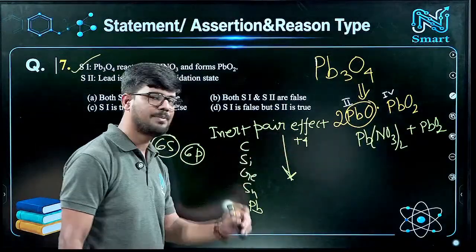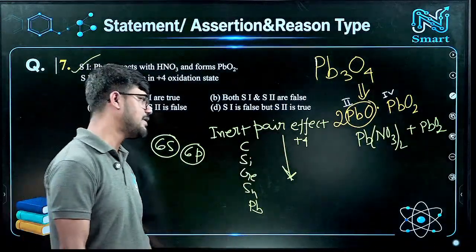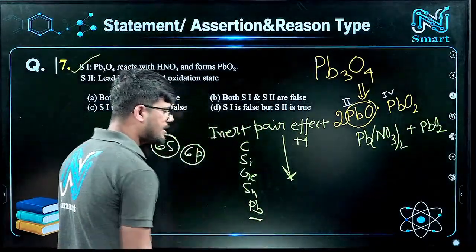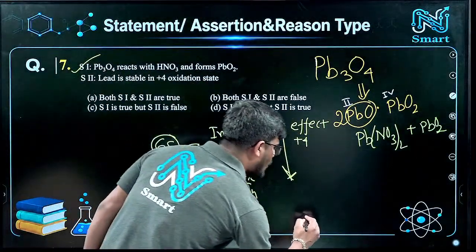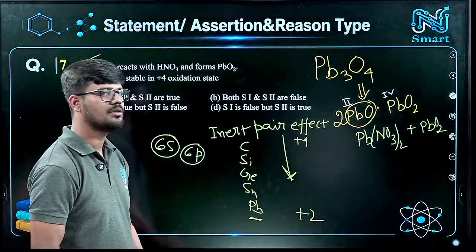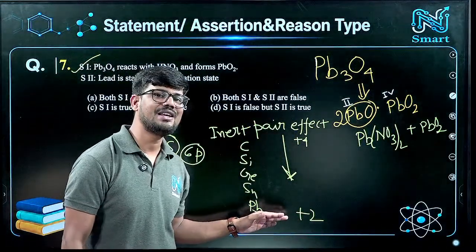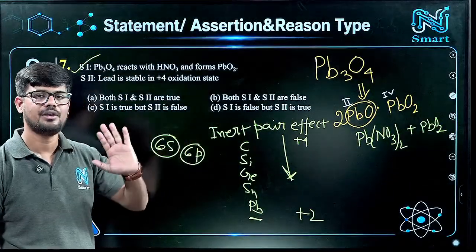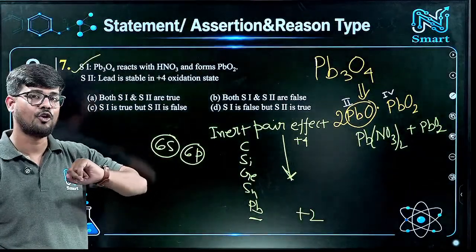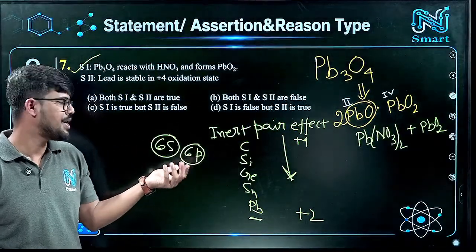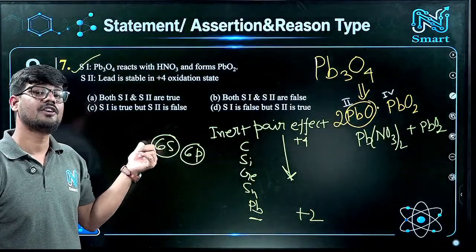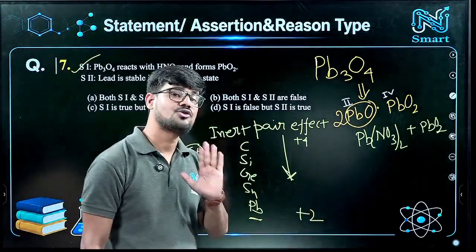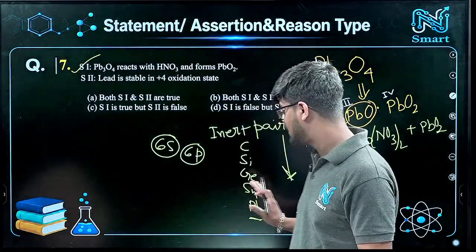For carbon it is +4, no problem. Silicon also +4, no problem. But if you go down, especially in case of lead, only +2 will be stable because it cannot release the 6s electrons. Only the 6p electrons will be released for bonding or other chemical reactions. These 6s electrons will not be used. Okay, so only +2 you can get. +2 will be the stable one.